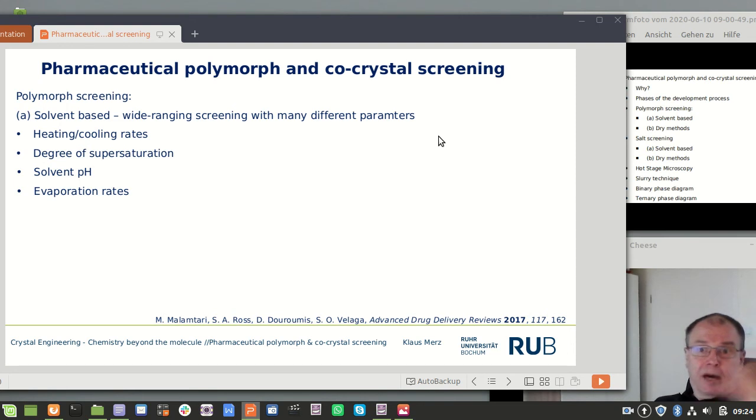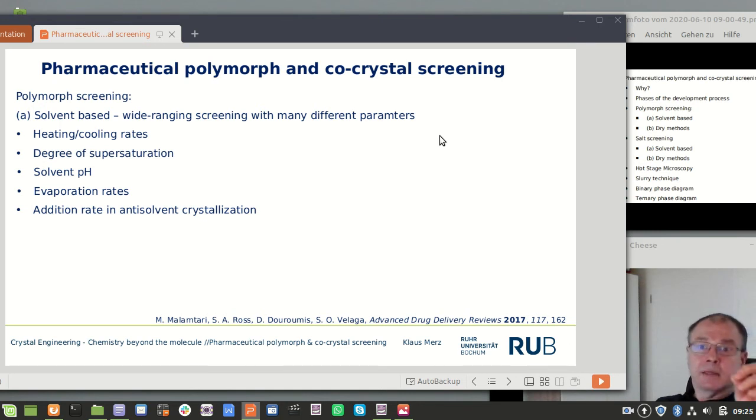Next parameter is evaporation rates, quickly, slow, not only with two poles, always step by step. Okay, and then addition rate in antisolvent crystallization.